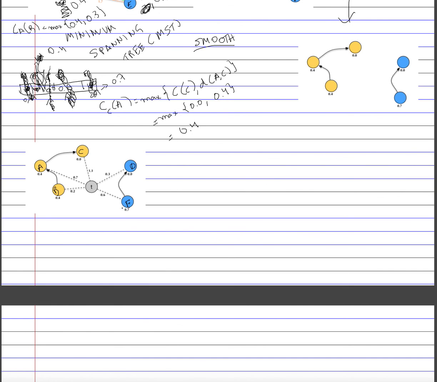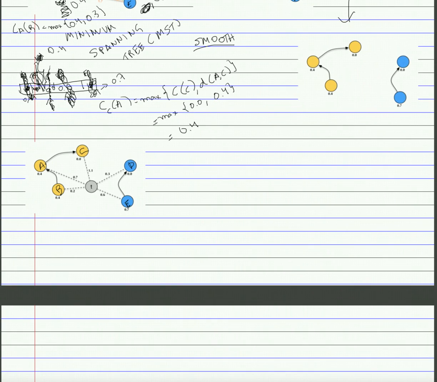So basically, I just pick a sample from the test set, T, that every single training sample is going to try to conquer. The cost that sample A is going to offer to T is just the maximum value. Remember, we're using Fmax. The maximum value between the cost of A, that is 0.4, and the distance between A and T, that is 0.7. So the cost that sample A is going to offer to T is 0.7.